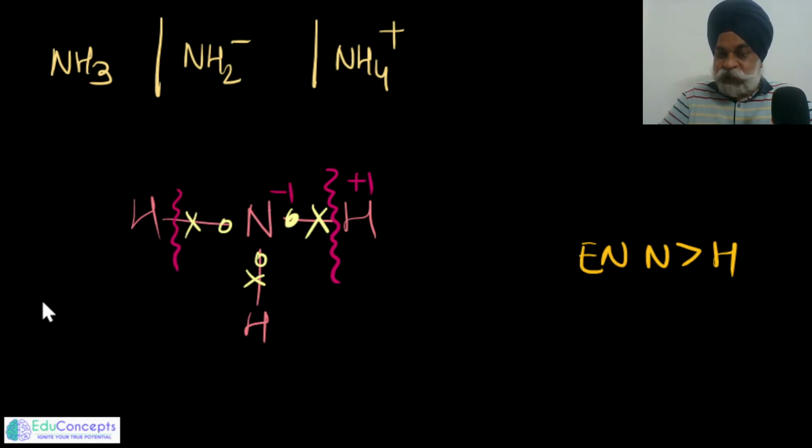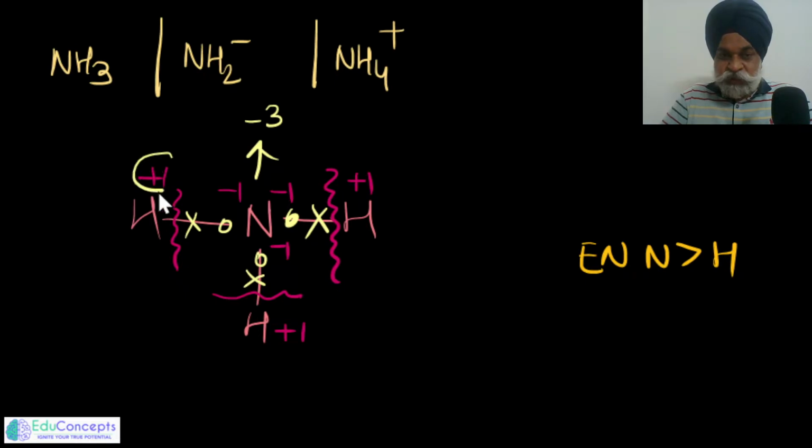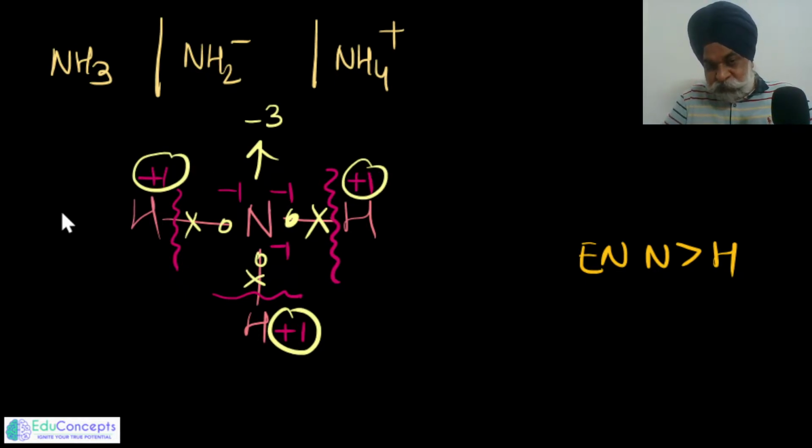Similarly, break it from here, +1, -1, break it from here, this is +1, this is -1. So in totality, on this nitrogen you get a -3 oxidation state, and for the hydrogen it is +1, +1, +1. If you do the algebraic sum of all, 3 hydrogen atoms of +1 versus 1 nitrogen of -3, the algebraic sum comes out to be 0.